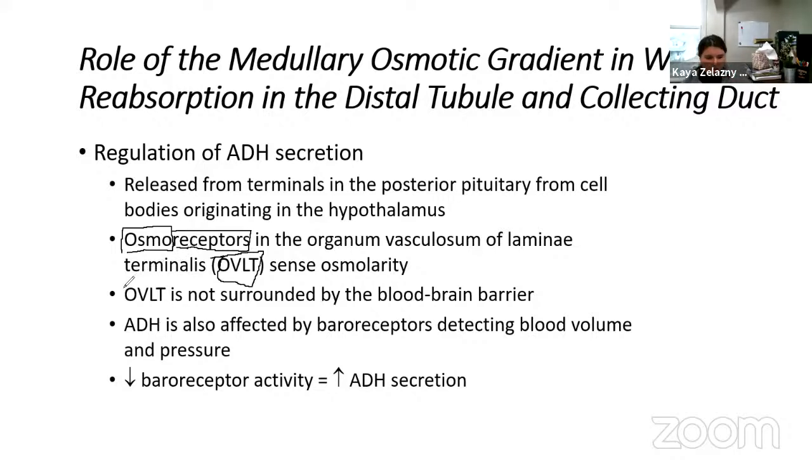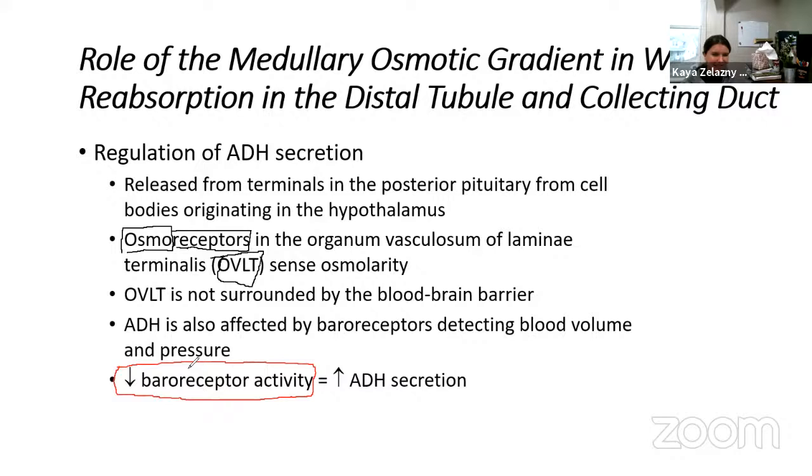ADH is also going to be affected by baroreceptors detecting blood volume and pressure. Remember that we have those receptors for blood volume in the veins. We have our MAP receptors in the artery. When we have low baroreceptor activity, that basically tells us we don't have enough blood, right?